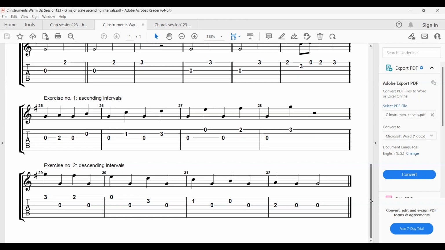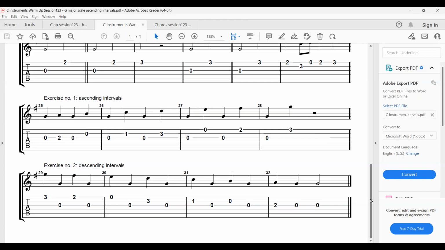One more time, we'll just do it once more, then we'll finish off with the strumming. So 1, 2, 1, 2, 3, 4. And a little one on the end to finish.